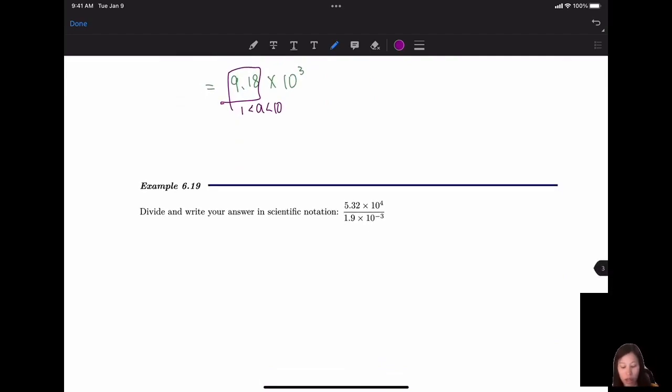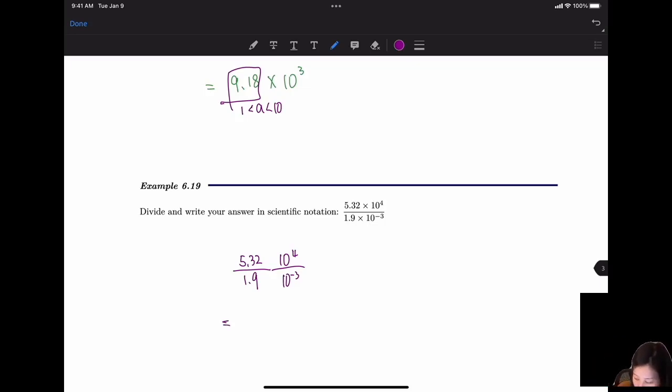Okay, so in here it's the same. We can divide the numbers first. We have 5.32 divided by 1.9, and then 10 to the 4th over 10 to the negative 3. Okay, I'm going to use a calculator.